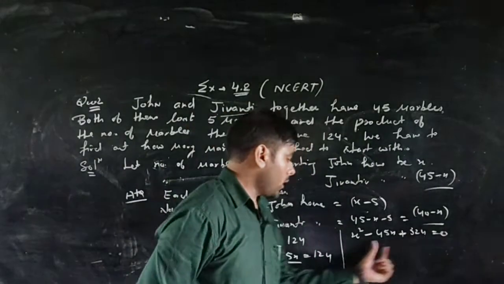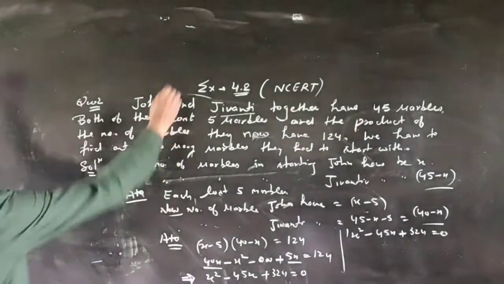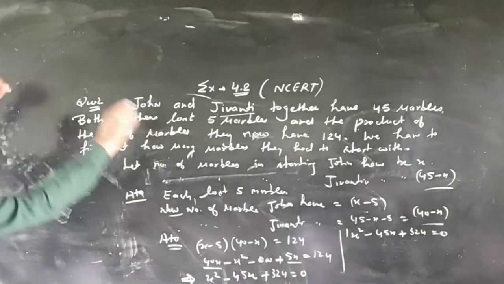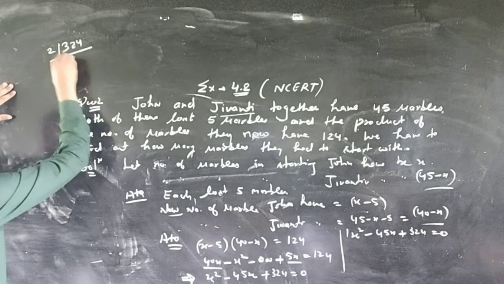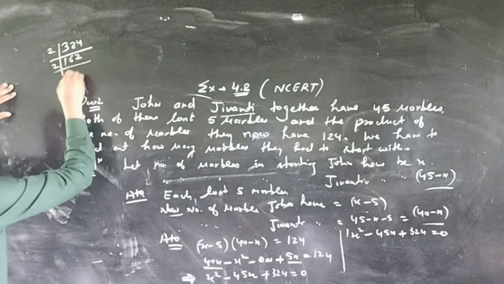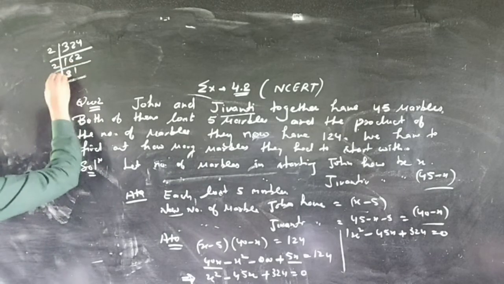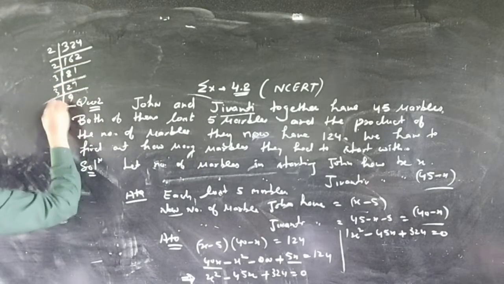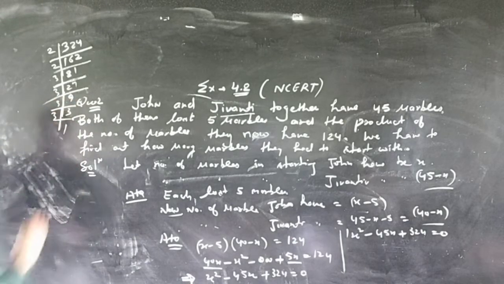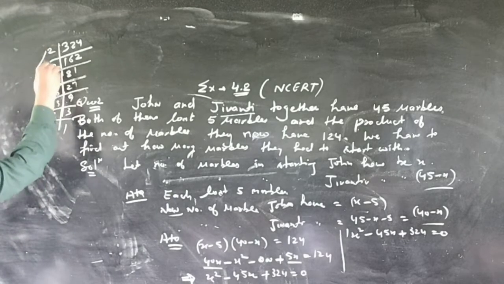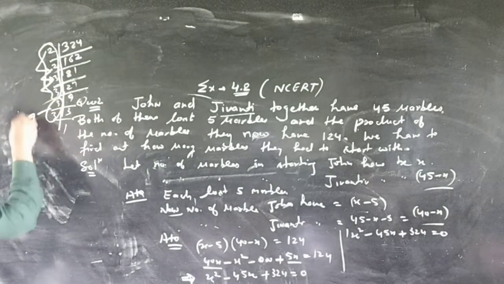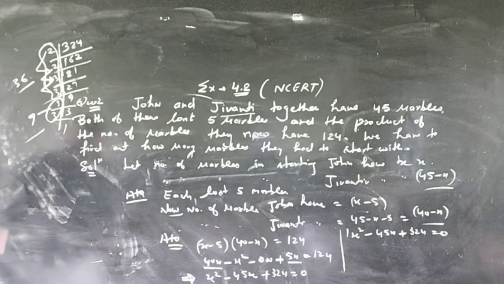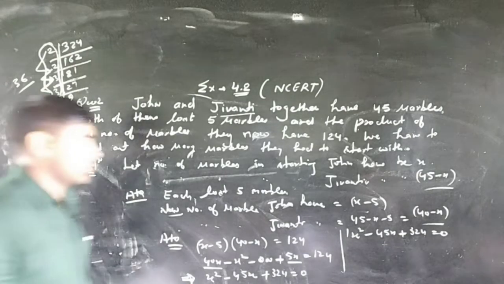The product is 324, which factorizes as 2 into 2 into 3 into 3 into 3 into 3. Now multiplying these, 2 into 2 is 4, 4 into 3 is 12, 12 into 3 is 36, and 3 into 3 is 9. 36 plus 9 is 45, and the product of 36 and 9 is 324.